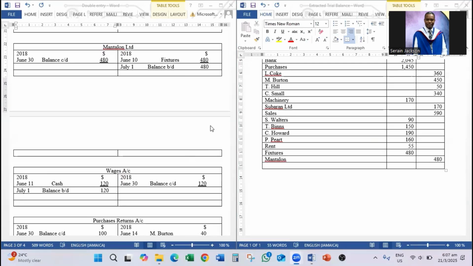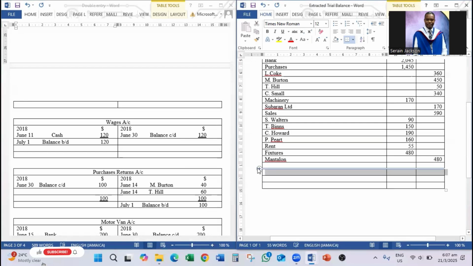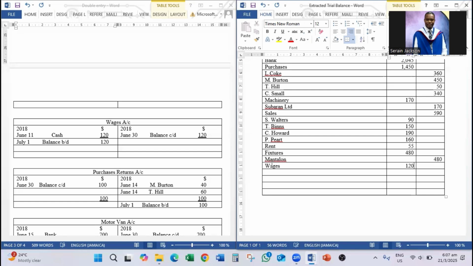Now we move on to wages. Wages is an expense, right? So obviously we know that that is going to carry a debit balance. So we type in our wages amount. So the wages is going to carry a debit balance, 120.